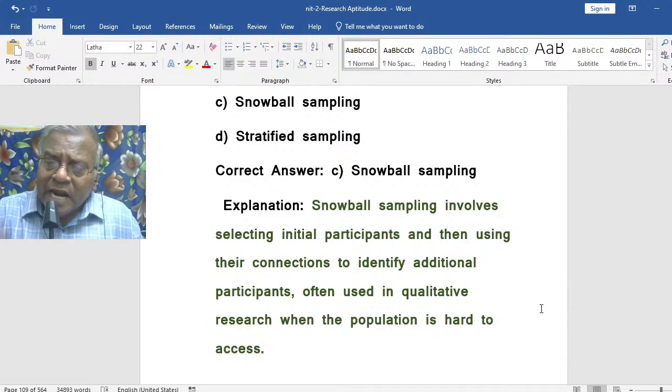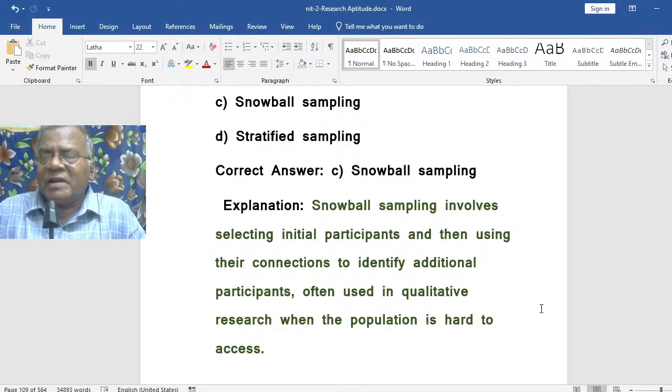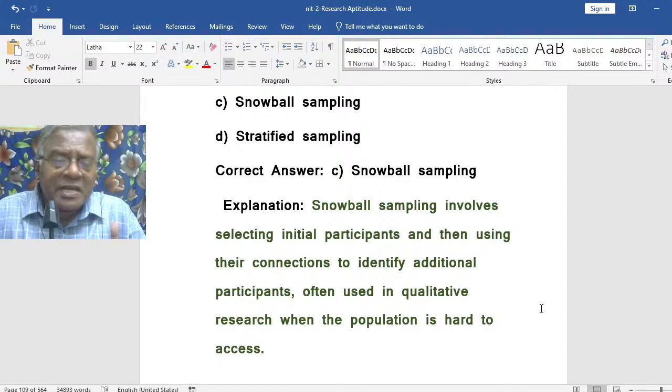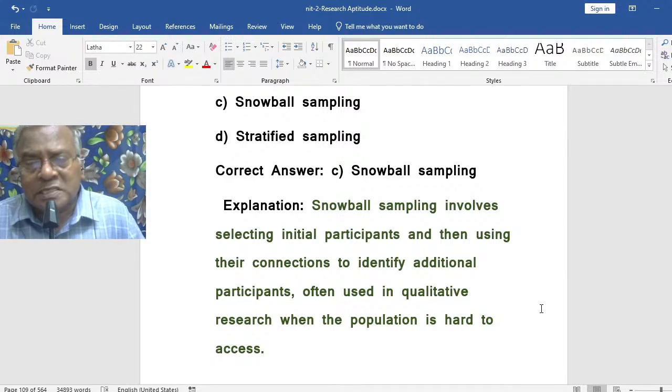That means he will ask these 10 people to suggest 10 more people, because they may know some more experts in that field. So if sampling is taken that way through the participants, that is called snowball sampling.